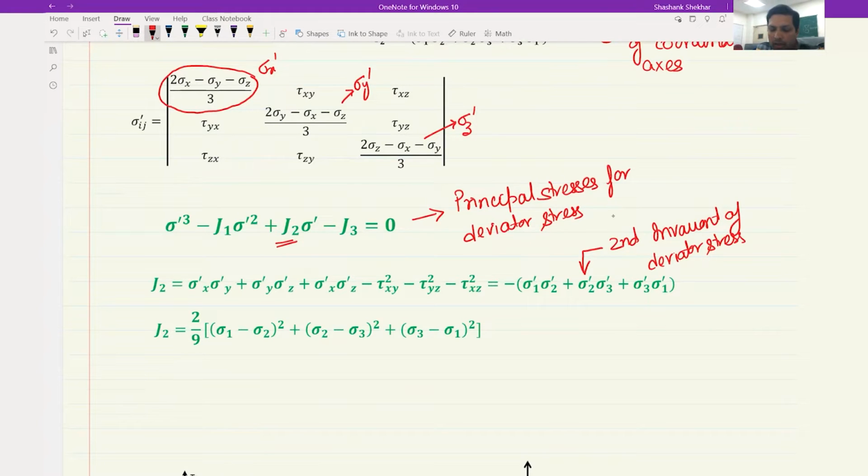And here you can clearly see that this form shows that it is a function of shear stress. So it satisfies the first condition. It is a function of a deviator stress, so it satisfies the second condition, and it is a function of the invariants, so it satisfies the third condition. And therefore, this looks like a very good candidate for defining a yield criterion.